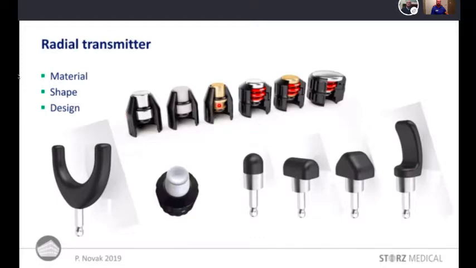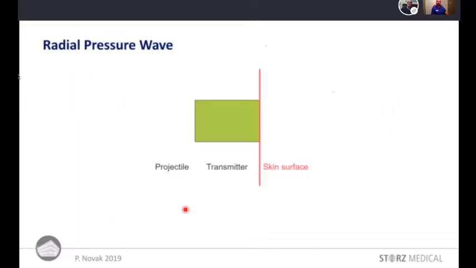It means here the connection between the housing and the transmitter is relatively stiff. Here it's very flexible. This design is also comparable to the Diecto system with a flexible connection. And this is a system where the transmitter is made of elastic material.